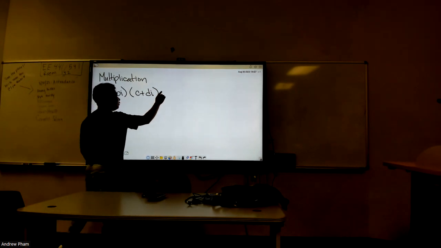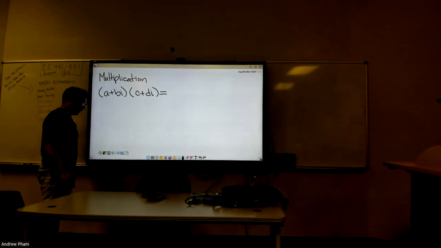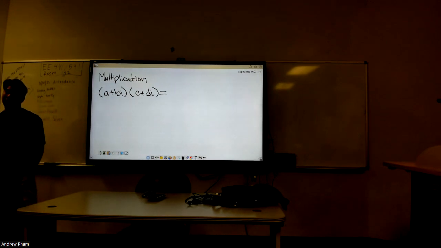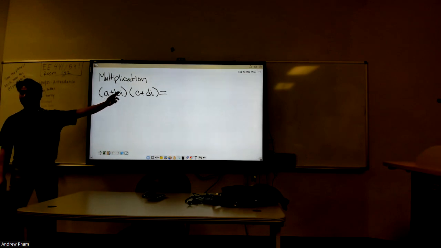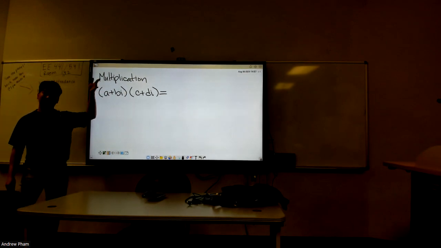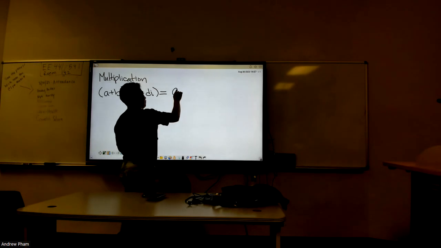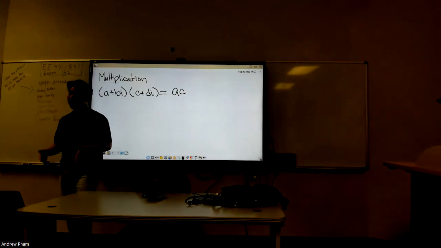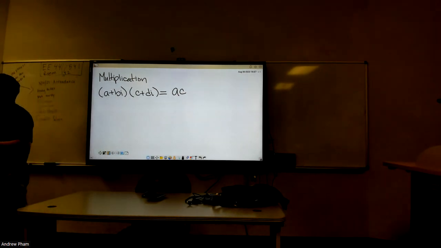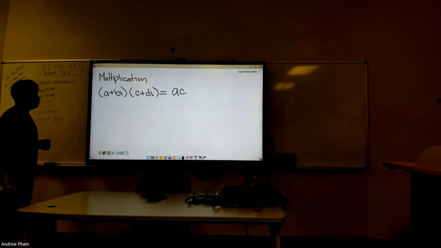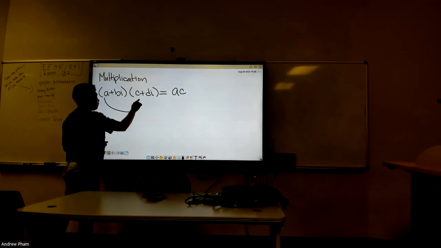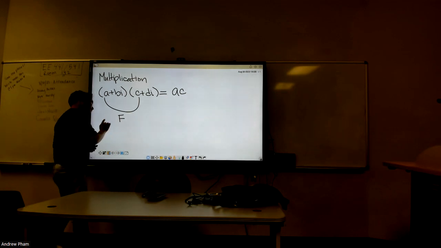So if I follow my FOIL phrase, F is for first times first. The first over here is a. The first over here is c. So a times c is ac. Remember, these are just placeholders for actual numbers. We're going to do some examples real soon. So that was first times first.